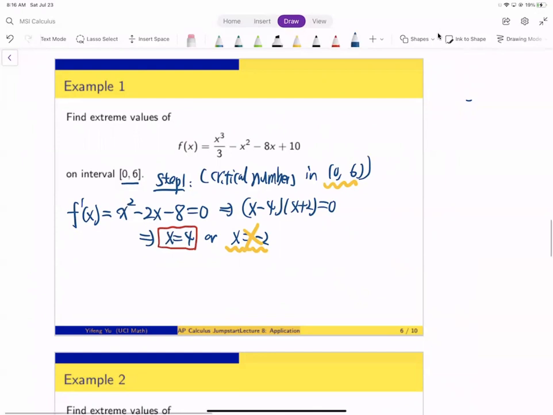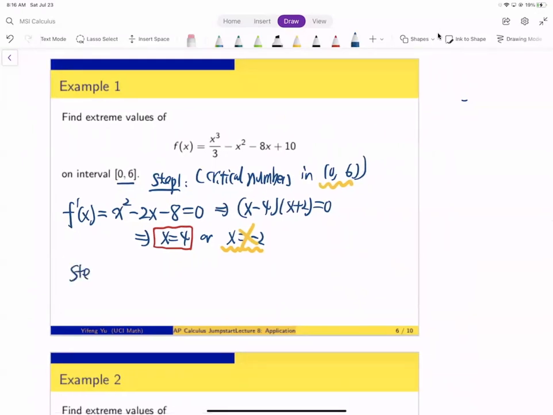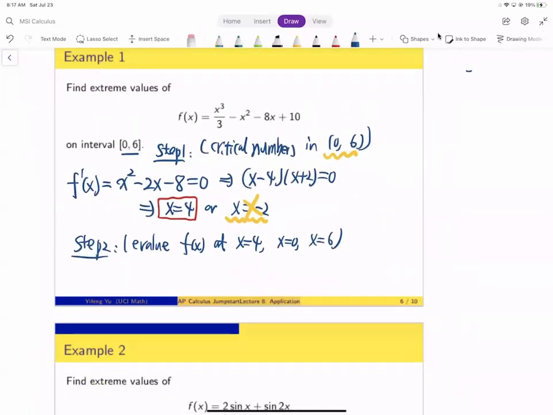Now step 2, let's evaluate f(x) at the critical number x equals 4 and the endpoints x equals 0 and x equals 6. Let's do it. f(4) is 64 over 3 minus 16 minus 32 plus 10, which is 21 1/3 minus 38.